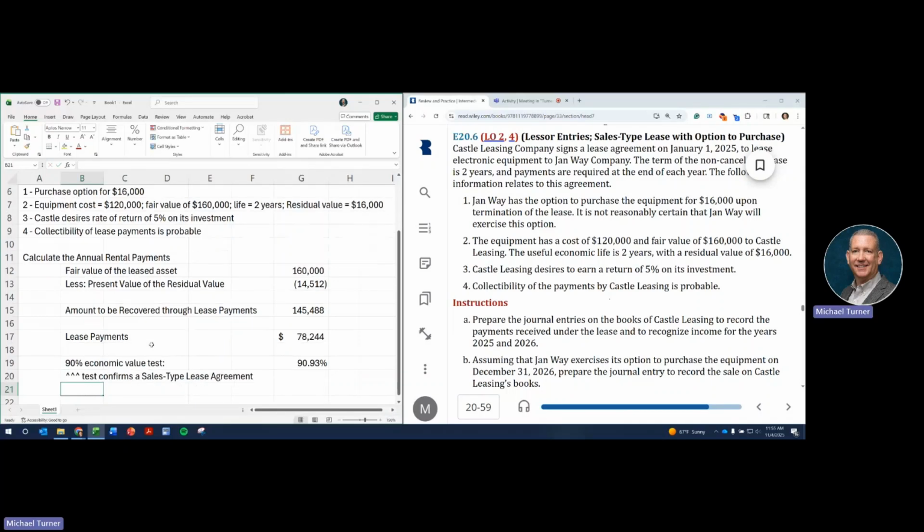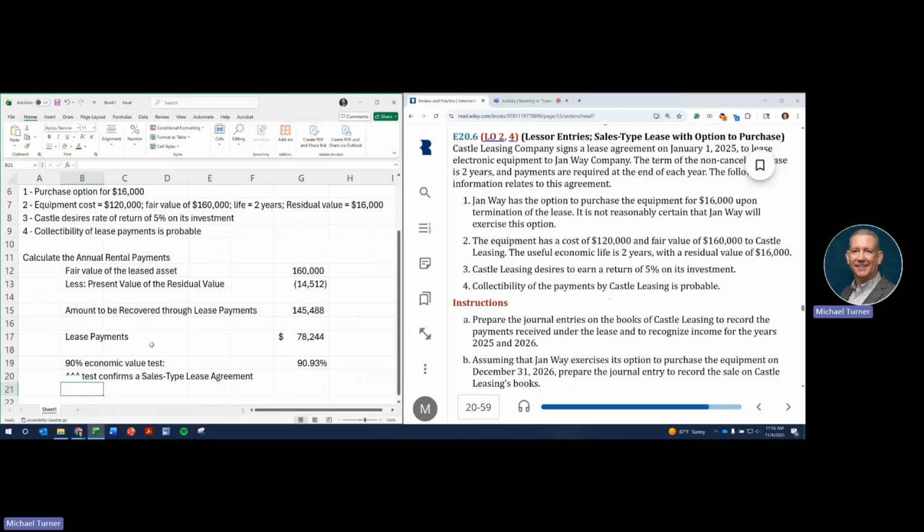Okay. So now we know we have a sales type lease agreement. Another item that we know, it's a 2-year lease, and the life is 2 years for the asset, which is 100% of the asset's life. So that also triggers a sales type lease. So we don't have a bargain purchase option. We do not know if it's specialized. We don't know if title transfers at the end of the lease.